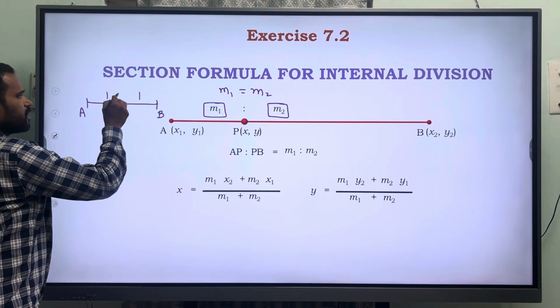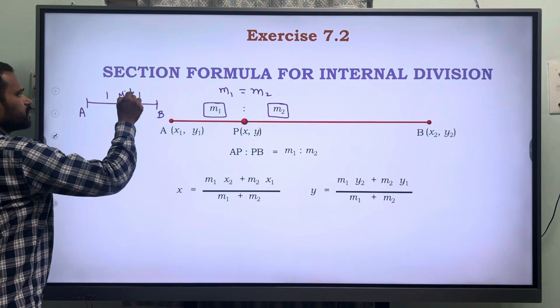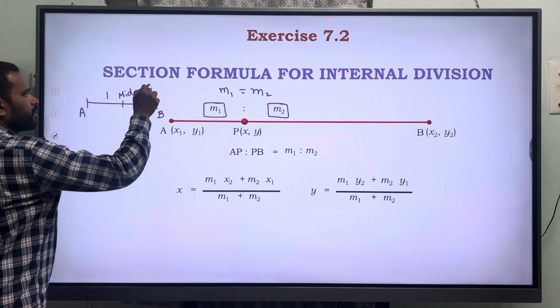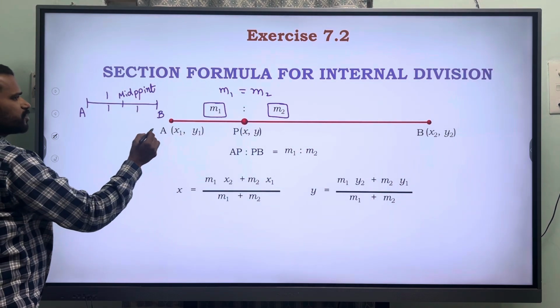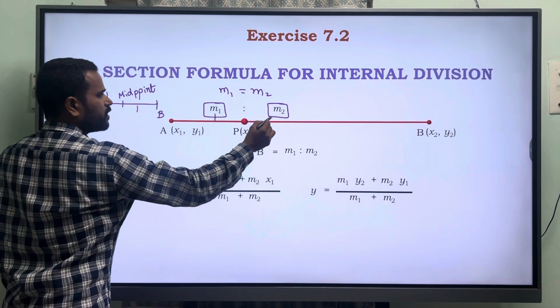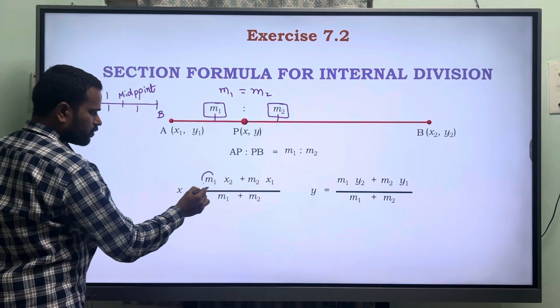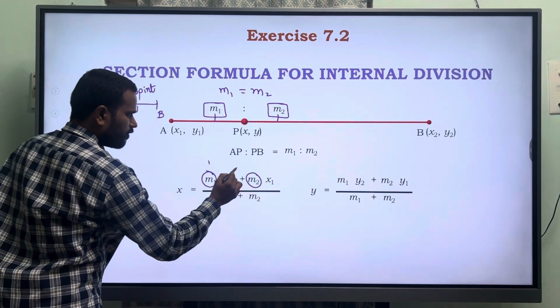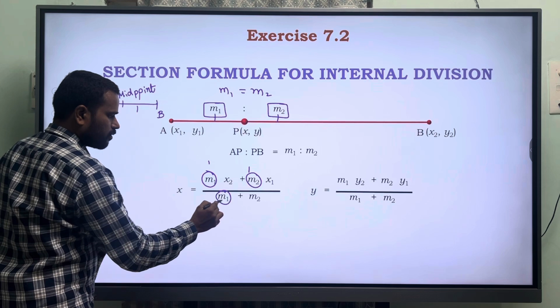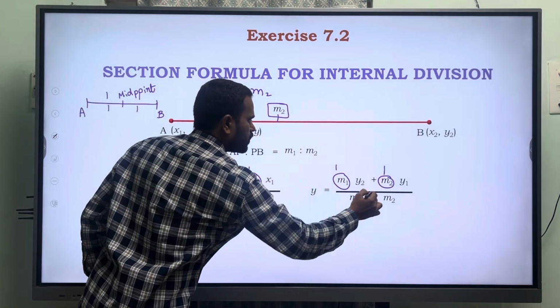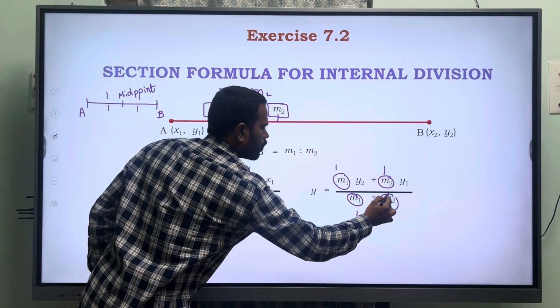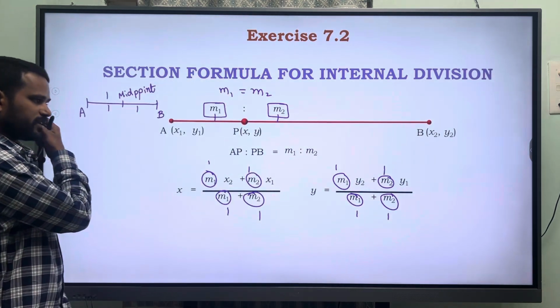So, for the midpoint, m1 is 1 and m2 is also 1. We will replace m1 and m2 with 1 when it is the midpoint.